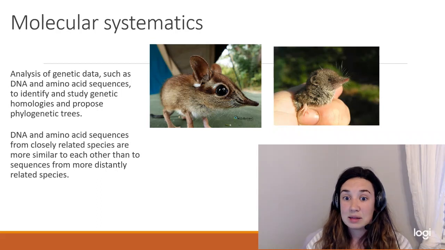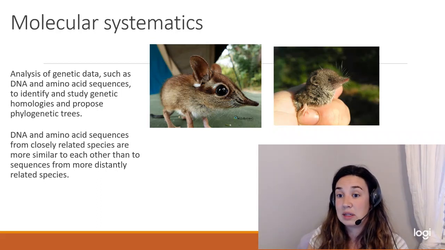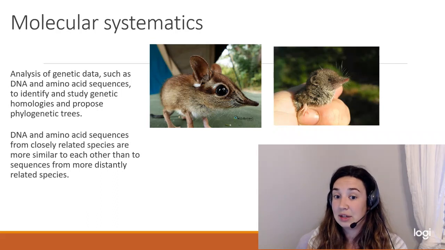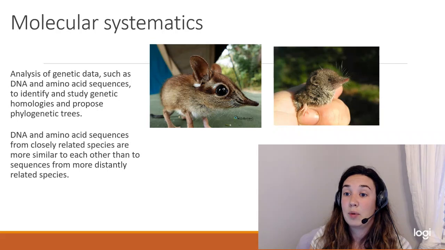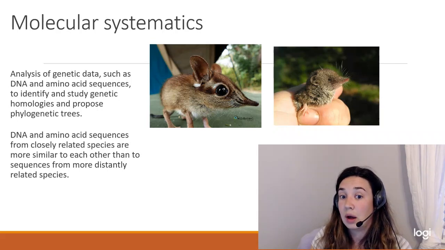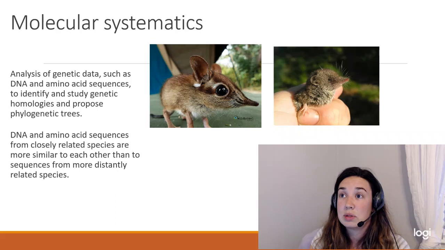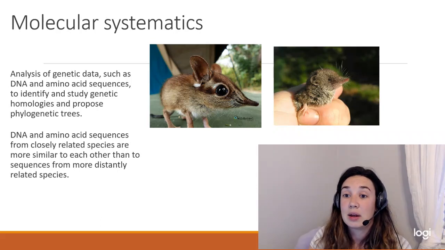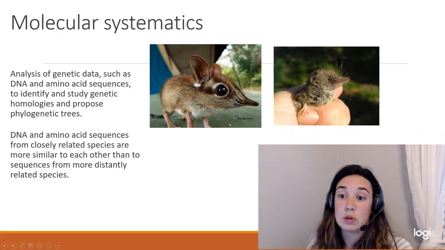DNA and amino acid sequences from closely related species are more similar than sequences of more distantly related species. In your lab with the island lizards, counting the number of differences in nucleotides helped you determine who was more closely related.